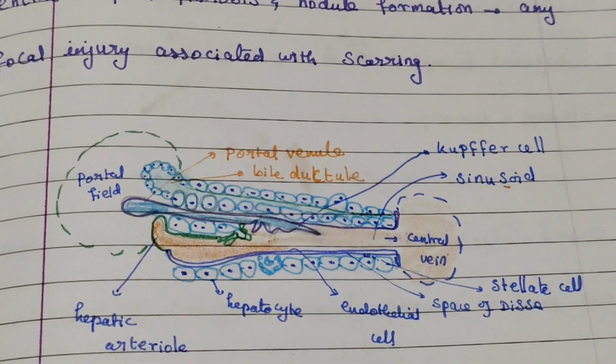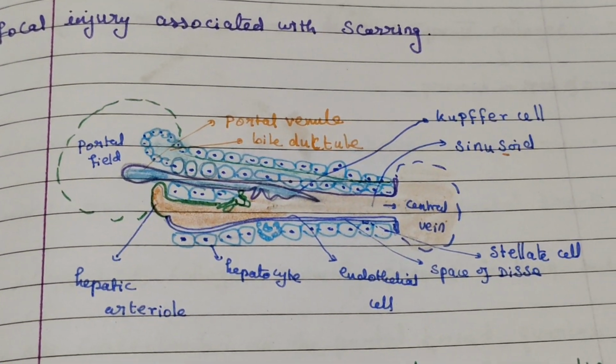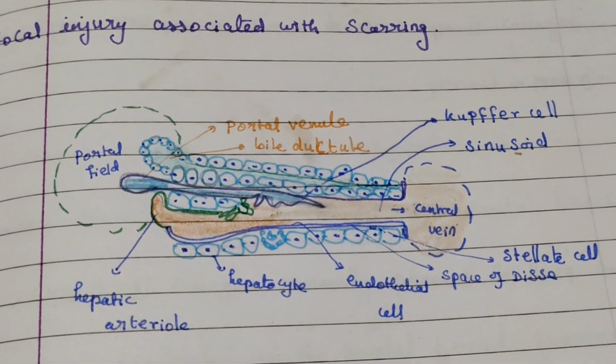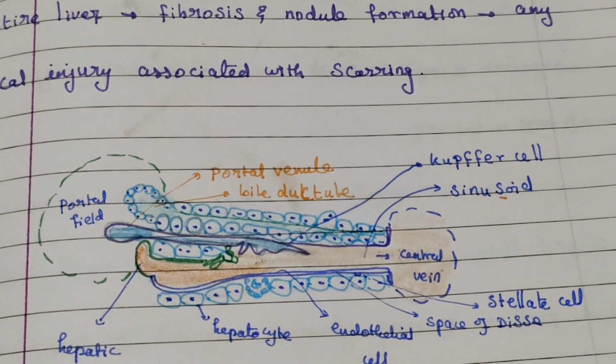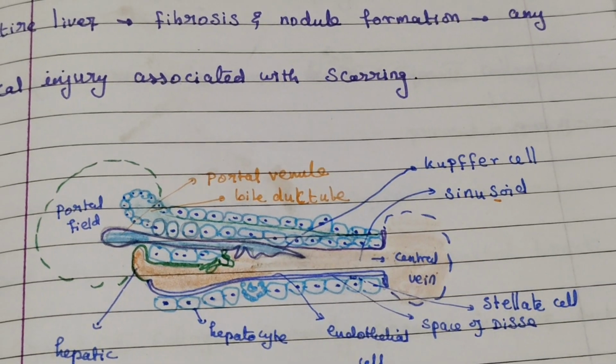These stellate cells are responsible for fibrogenesis in cirrhosis. Also, Kupffer cells play a role in cirrhosis.